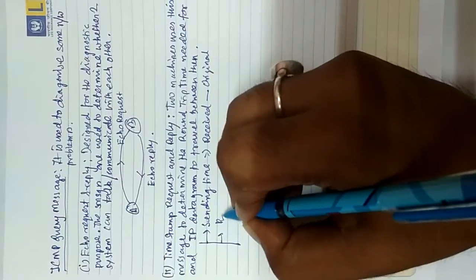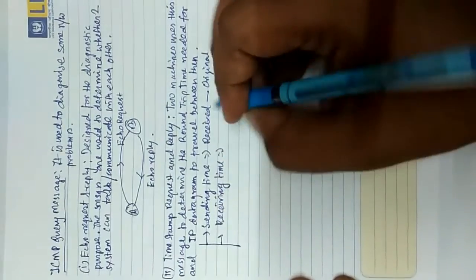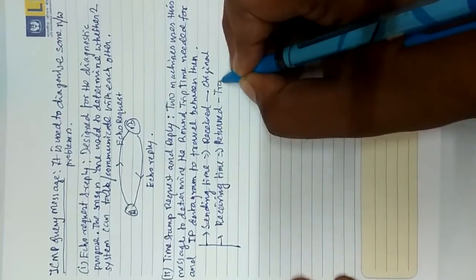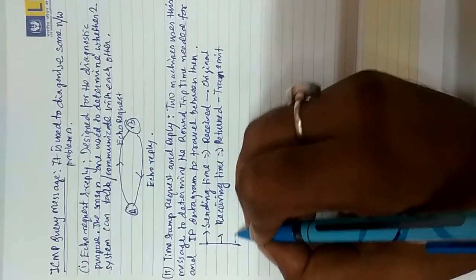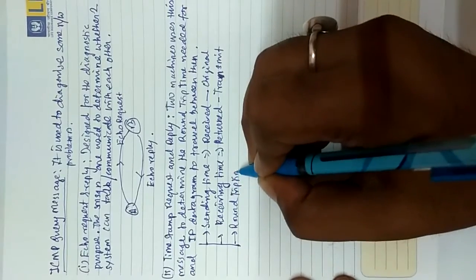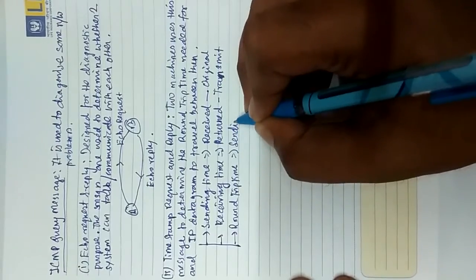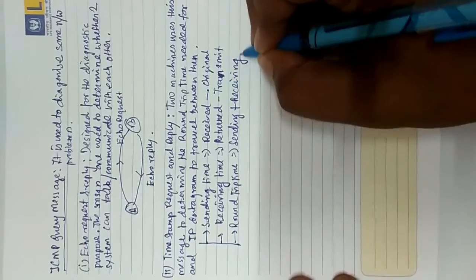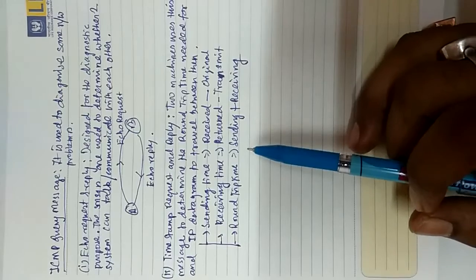Second one, receiving time, it is returned minus transmit, and round trip time, it is this plus this, that is sending plus receiving. Okay, so this is nothing but the timestamp request and reply.